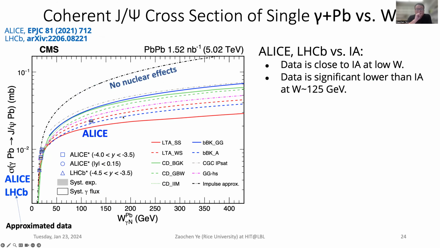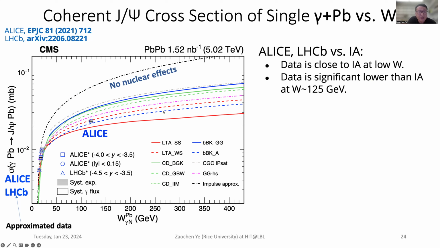So before the publication of our measurement, we calculated the approximated data from ALICE and LHCb at the highest rapidity region and the rapidity equals 0 region, because in these two regions, the two-way ambiguity can be ignored.